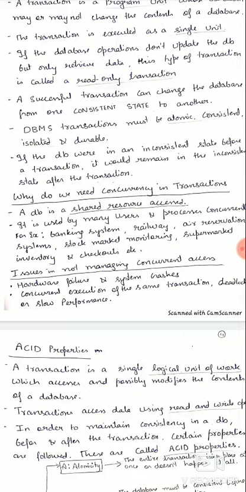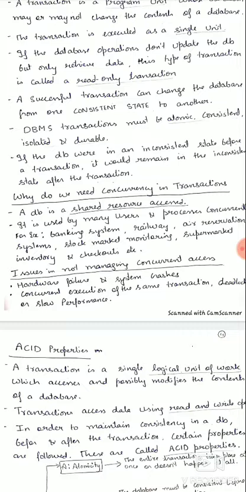For example, in a banking system, or when you are booking a movie ticket, many people will be booking tickets in that particular place at a time. Or if you're booking a Tatkal ticket for a particular train, it opens at 10 o'clock in the morning for about 2 hours, and at that time many users have access to that particular operation. That is called concurrency in transactions.